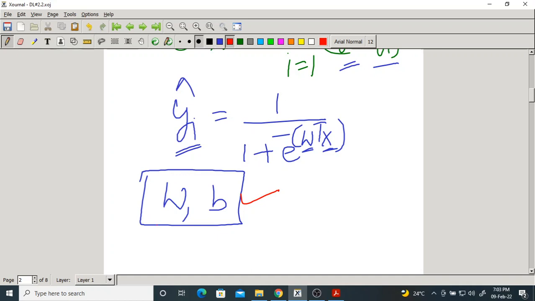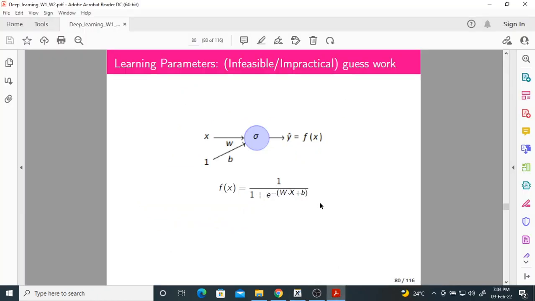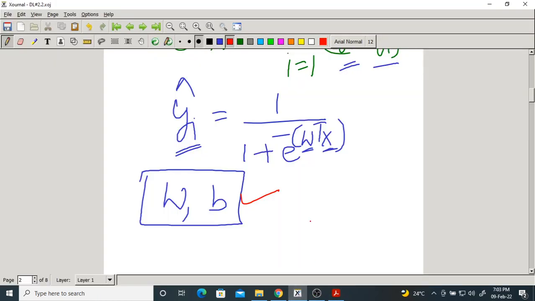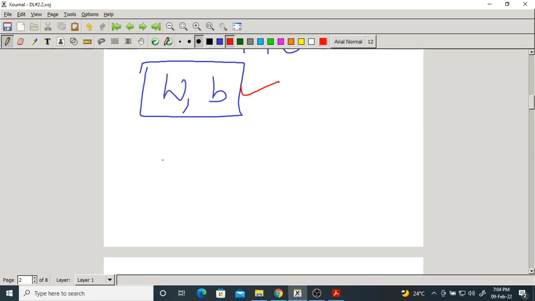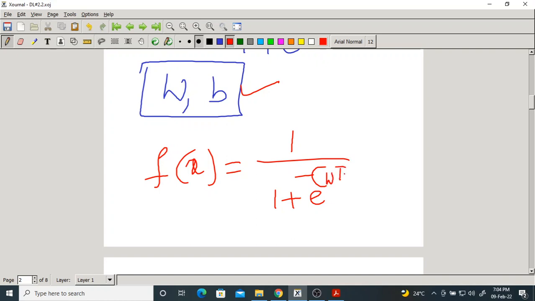So everything depends upon the values of w and b. So we have to learn these values properly from the given data. Okay. Now, as I told you, we are writing the most sophisticated form of the sigmoid function f of x for specific x: 1 by 1 plus e power minus w transpose x plus b.